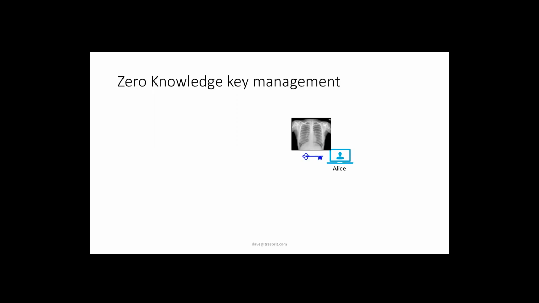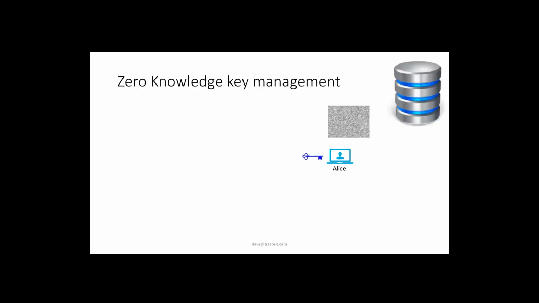I'll call it the blue key from now, data encryption blue key. She will encrypt that X-ray with that key. So far, so good. So now she will store that encrypted data somewhere in her database, in her app, anywhere she wants. Let's say she stores it in the patient records management system in the hospital.